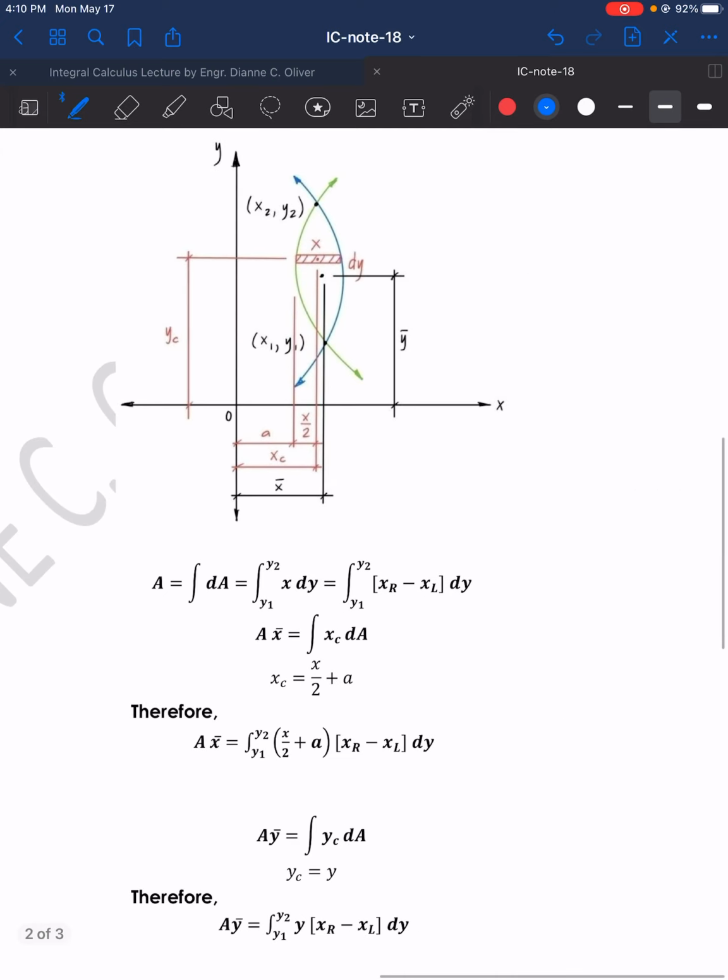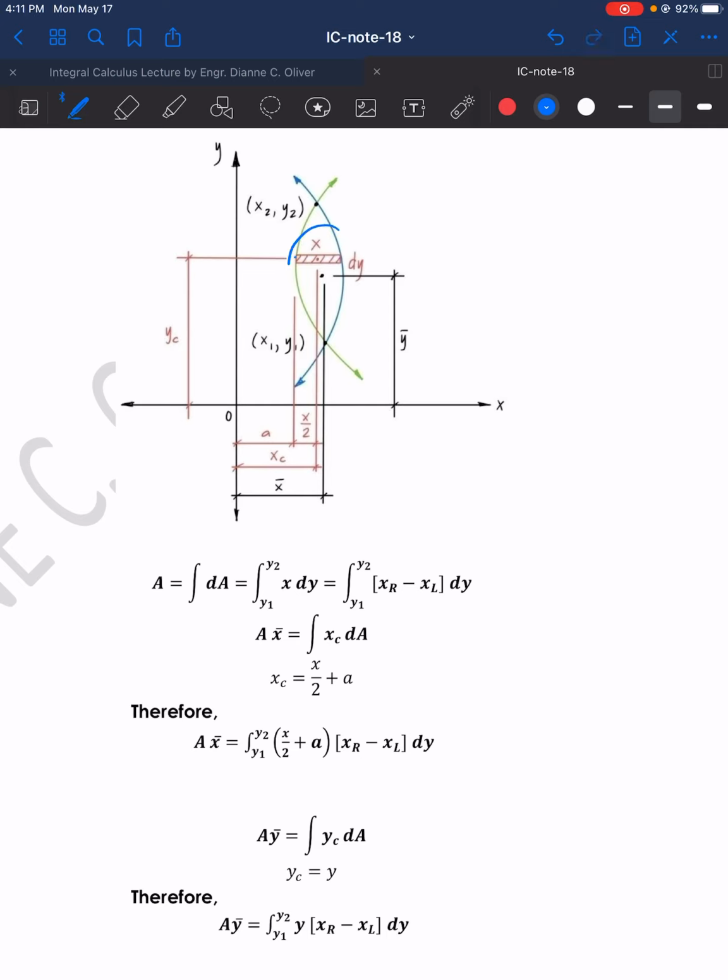Now how about bounded by two curves, and then we have decided to use a horizontal area strip. So bounded by these two curves here, the blue and the green curve. Then for the horizontal area strip x dy, the area is equal to the integral of x dy, limits of y1 to y2 because we're using dy. Observe that again, the area strip is not touching the axis, so we need to find the value of x.